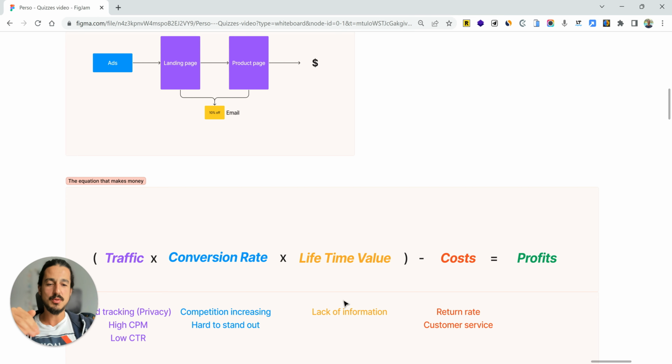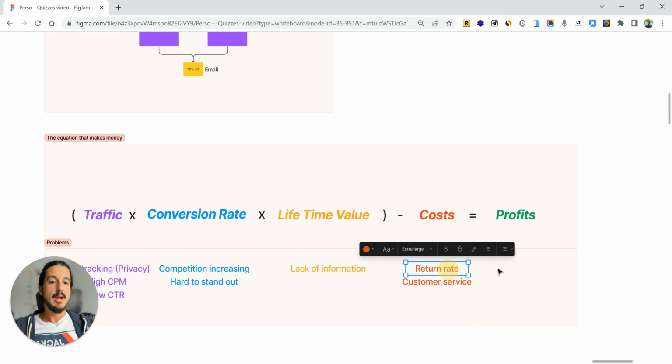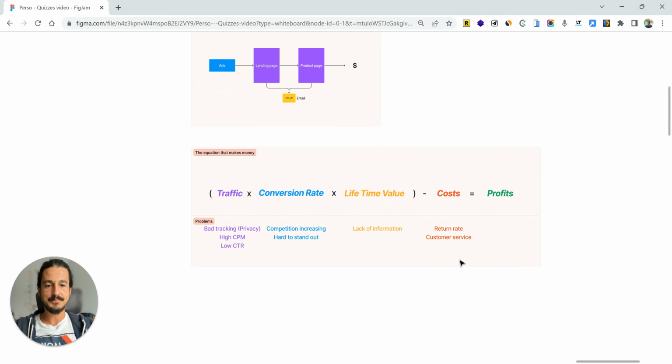And we are going to see later how to increase that. And finally, the cost. Well, we know that customers are more likely now to return their product, so it's more work for customer service and so on.